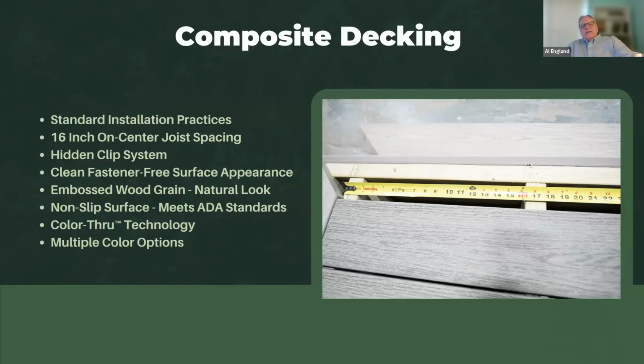So this slide lists some specifics about Stormbreak composite decking. As I mentioned, standard installation practices are the rule of the day. We all know installers want it as simple and straightforward as possible. The board can be installed on standard 16-inch on center joist spacing.